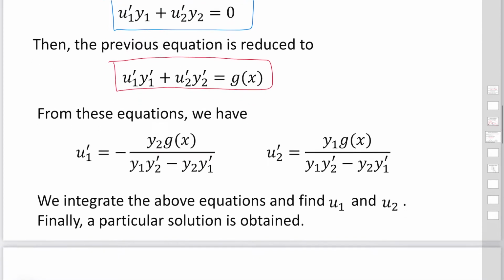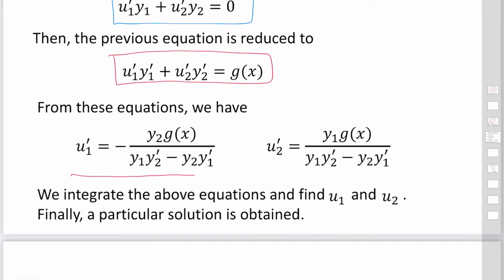Because these terms appear twice, we consider this to be 0. Then the original equation is simplified to this equation. Then u sub 1 prime and u sub 2 prime are expressed using these two equations. Then we could integrate both equations. From the equation on the left, you have an expression for u sub 1. And from the right, you have u sub 2.